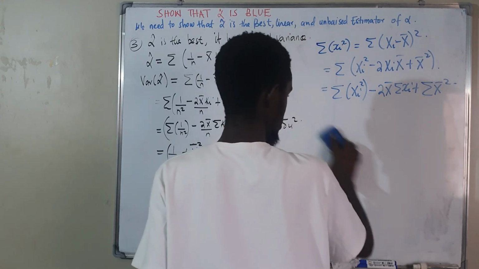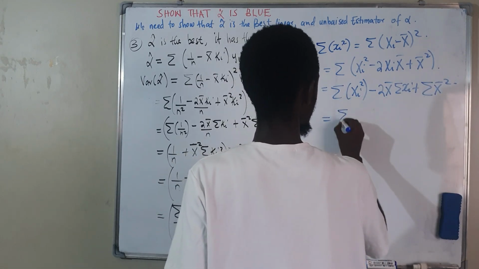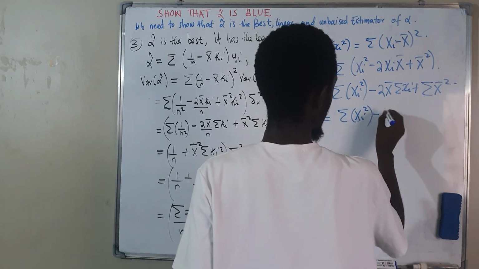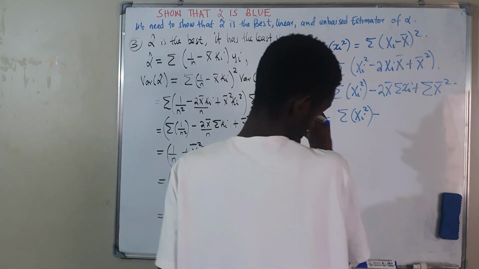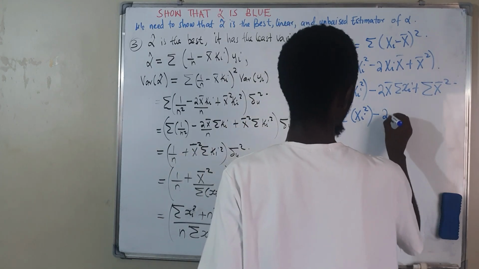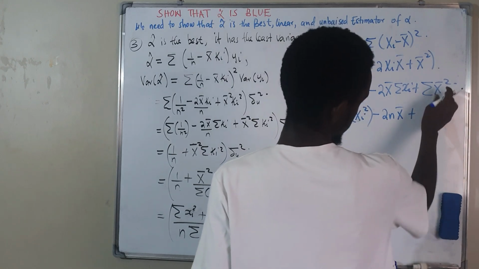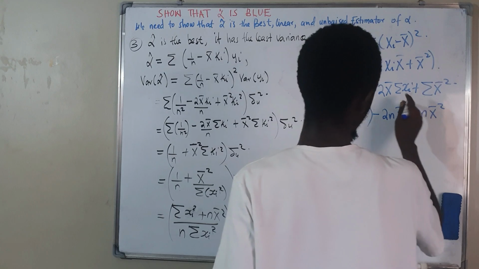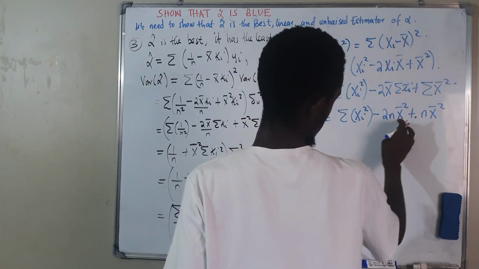Now from here, this is the same thing as having summation of capital Xi squared minus, since this is going to be nx bar, 2 nx bar squared, plus this is going to be nx bar squared, because I have nx bar times x bar times 2, which is 2 nx bar squared.